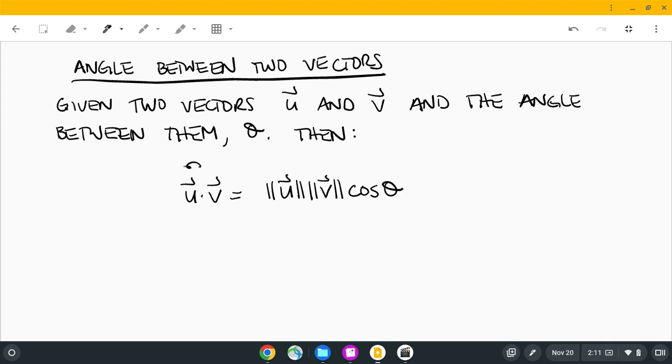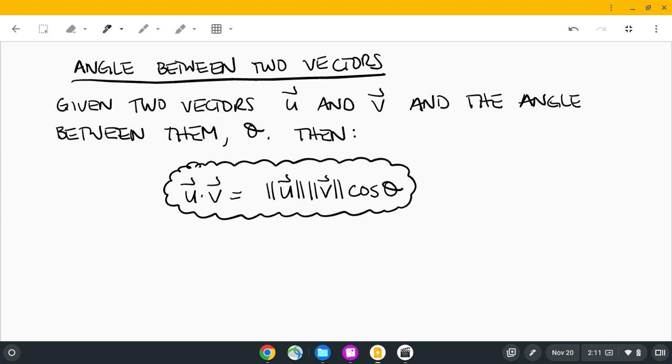Okay? So here we have a formula that connects dot product with magnitudes and the angle between them.